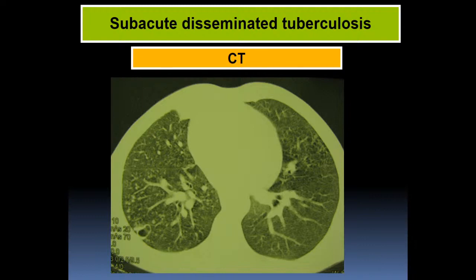This is formation of cavina as a result of destruction. Cavina has thin walls and perifocal inflammation around the cavina.